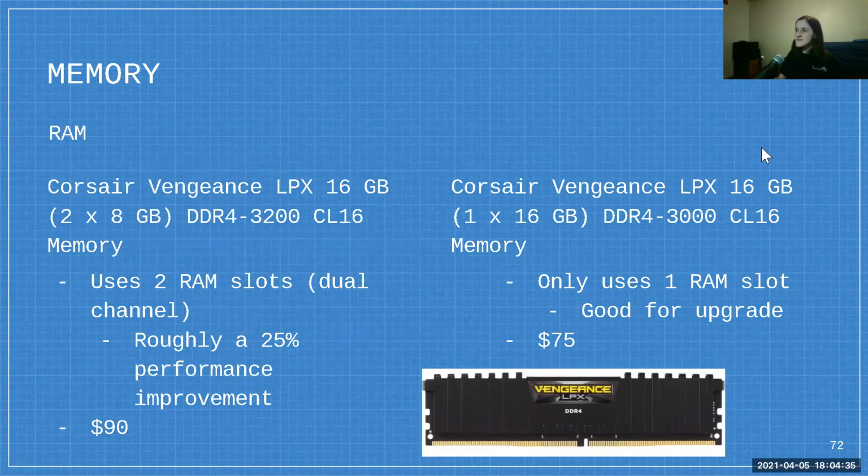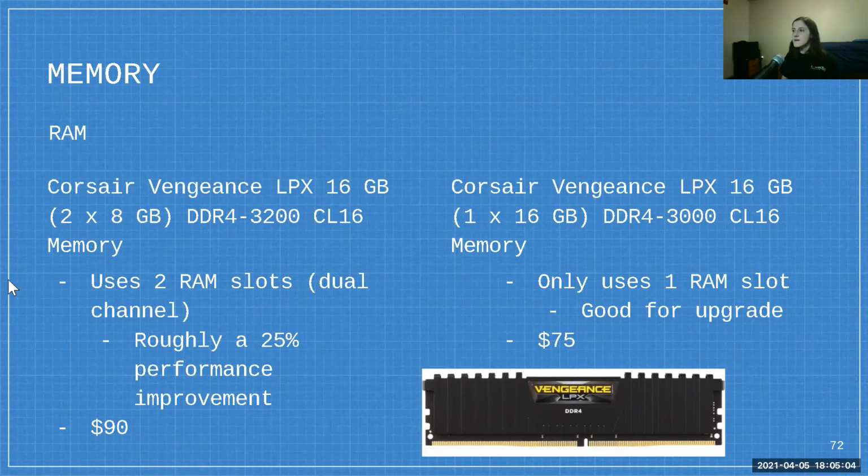So these two are going to look very similar, but there's a reason for this choice. These are the same exact brand and model of RAM, but one is an option of buying 2 sticks of RAM that are 8 gigabytes each for a total of 16 gigabytes of RAM versus 1 stick of just 16 gigabytes of RAM.